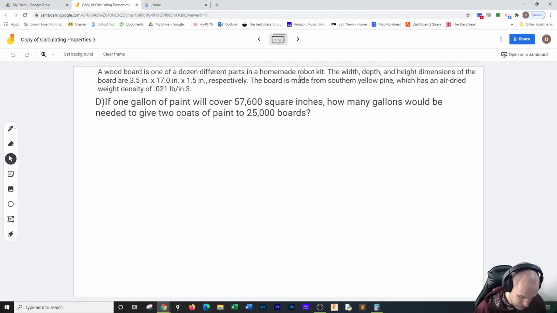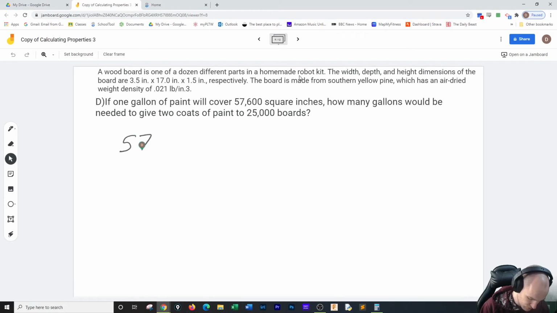If 1 gallon of paint will cover 57,600 square inches, how many gallons of paint would be needed to give 2 coats? So we got to do a couple things here. First, we're going to look at 1 gallon.